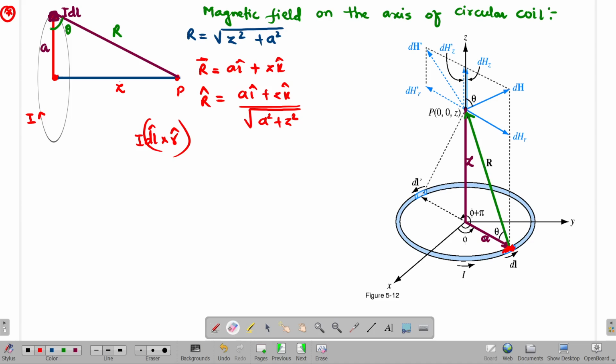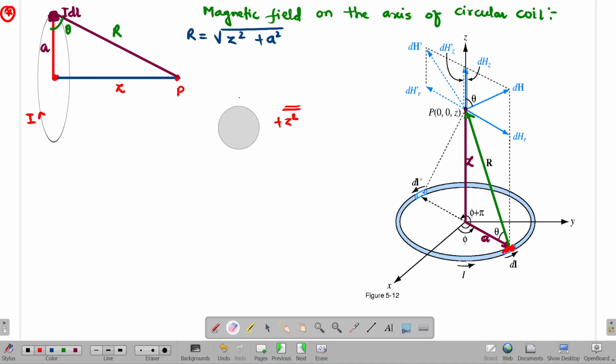Converting to vector form is a very hard thing. But we know that for this current, the magnetic field will be perpendicular.